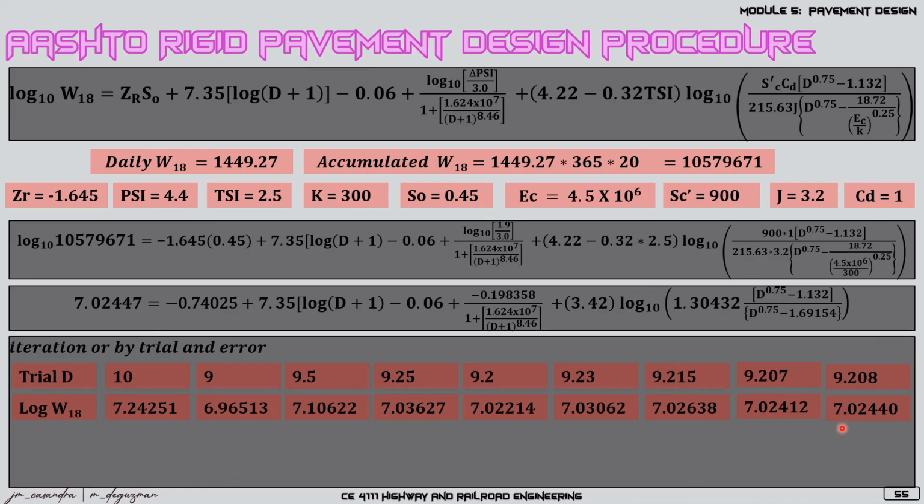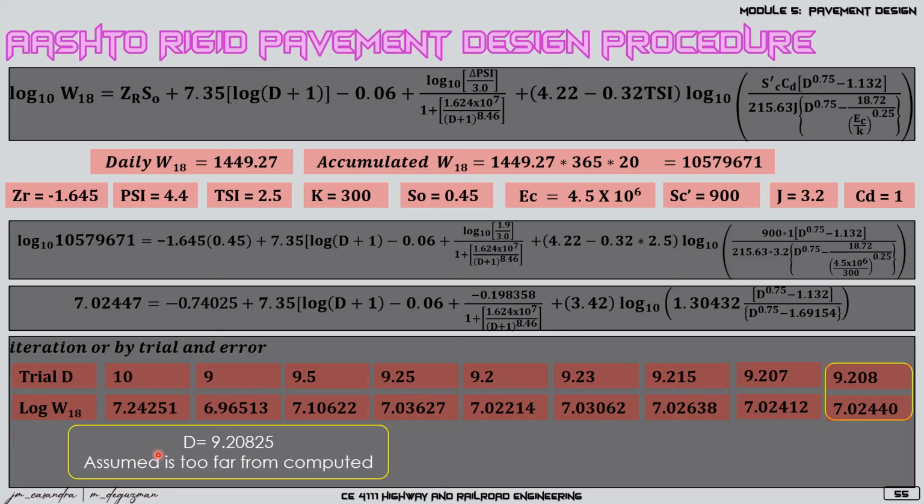So we could stop here, or if we are using Excel in solving this one, or you could use your calculator, a value nearest to 7.02447 is equivalent to 9.20825. So this is the more exact or more accurate value of D that will give a log W18 of 7.02447.